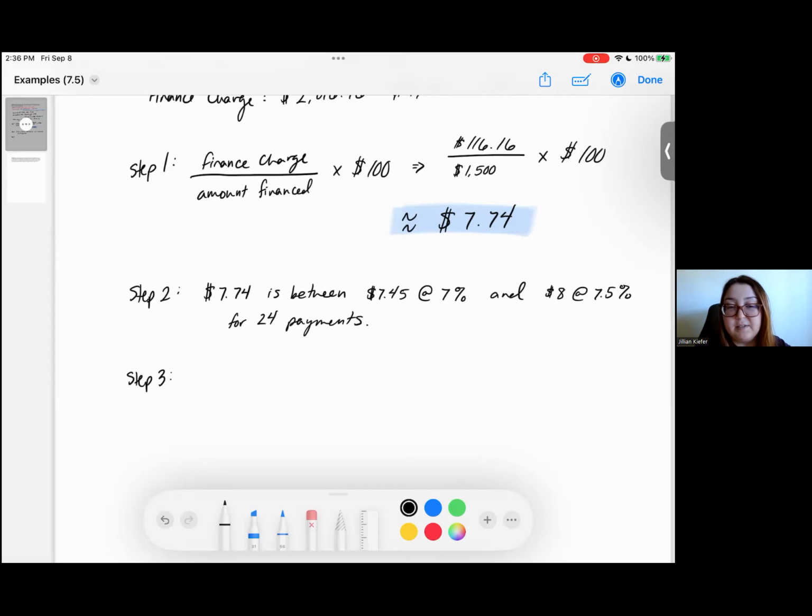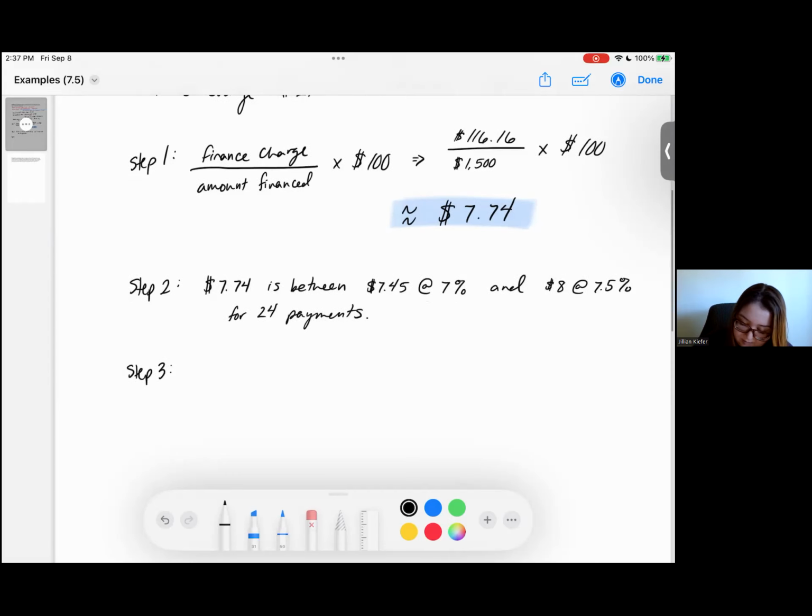So in reality, $7.74 is pretty close to about the halfway mark between $7.45 and $8. This is all about really just estimation. So in this case, since our value is actually pretty close to about halfway between, we're going to estimate our APR being about halfway between those two percentage rates.